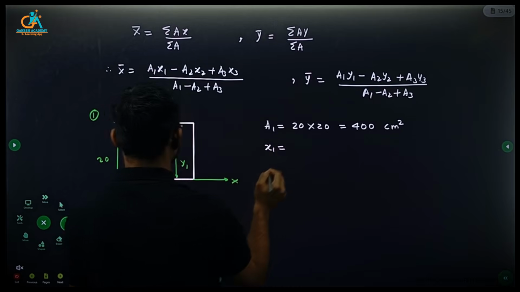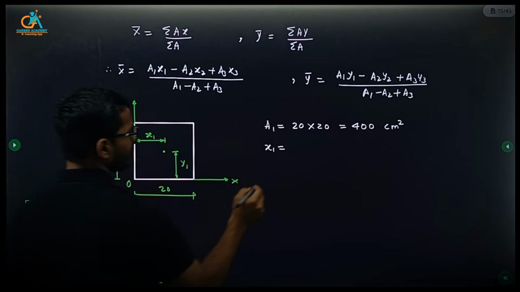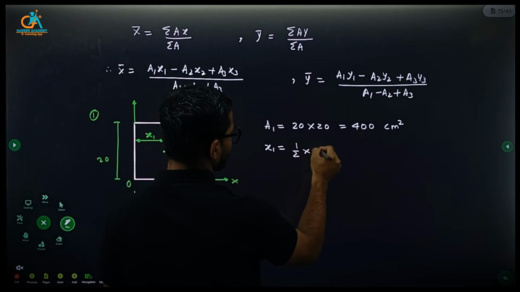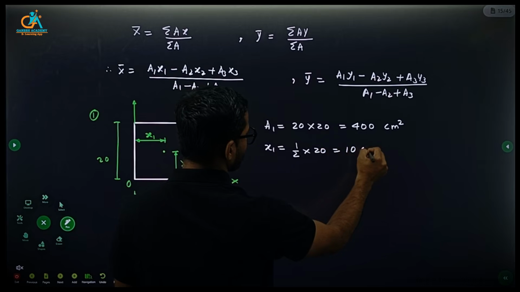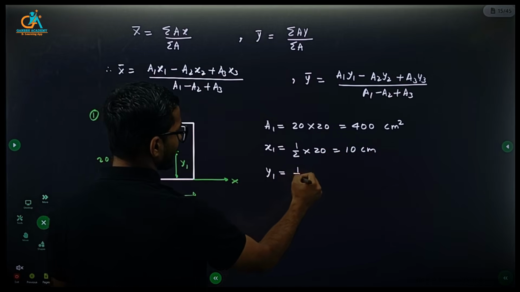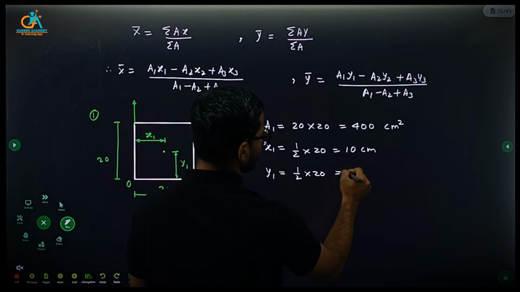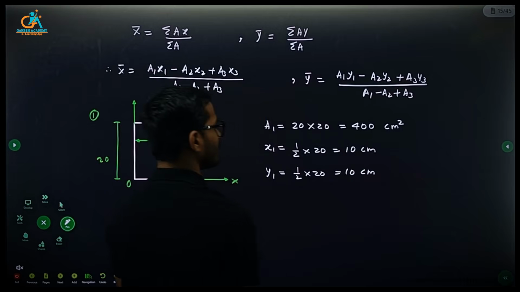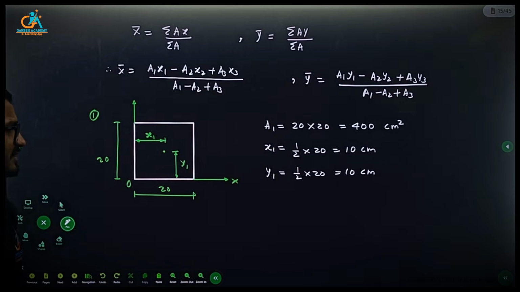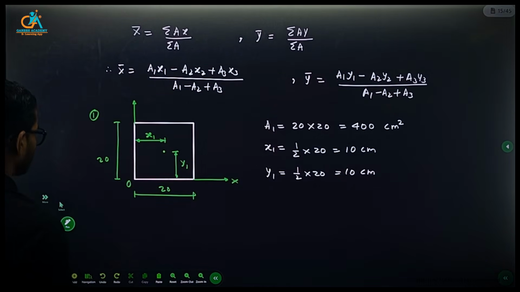Then x1, this distance is the center, right, that means half of 20, 10 centimeter, and y1 similarly, half of height 20, that means 10 centimeter.